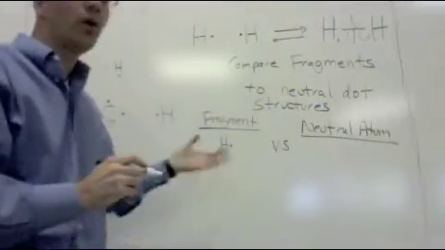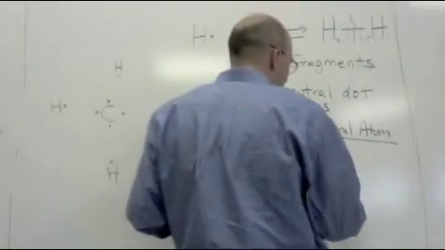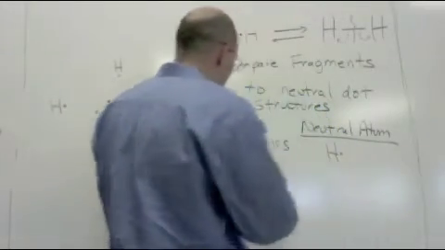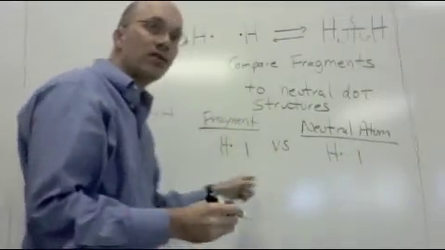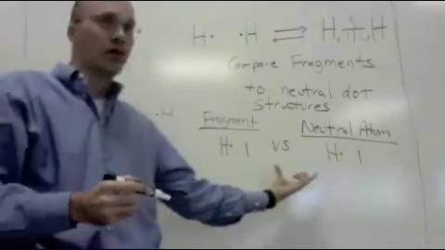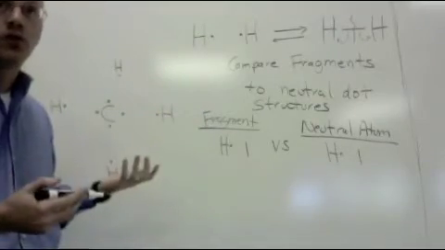So how many dots are around a neutral hydrogen? 1. So this is 1, and this has got 1. Since they're equal to each other, that means those hydrogens were neutral.